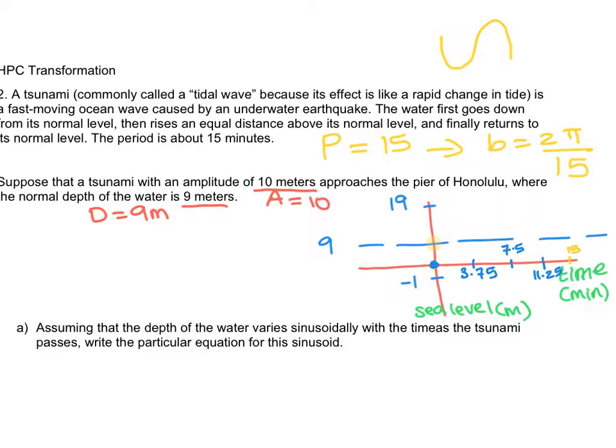So at t equals 0 it is going to be at the normal level. Then they said it first goes down from its normal level. So it's going to go down to the lowest point and then back to its normal level, then up high, and then back to normal. So that's going to be a negative sine equation. There you go. So that's the graph.